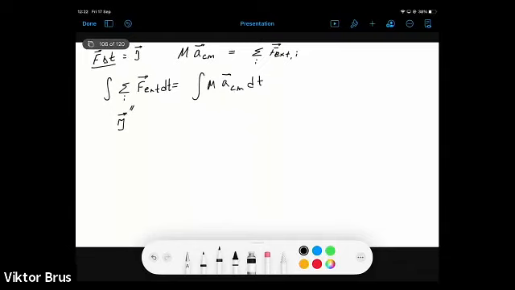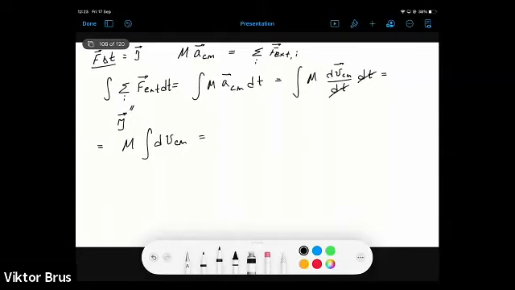We can represent acceleration as dv over dt, the first derivative of the velocity vector. So let us do it. dv center of mass over dt times dt. Here we can already cancel this dt, and we end up with total mass, which is constant and doesn't change, so we can take it out of the integral, dv center of mass.